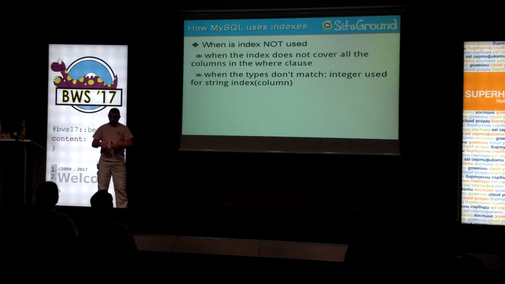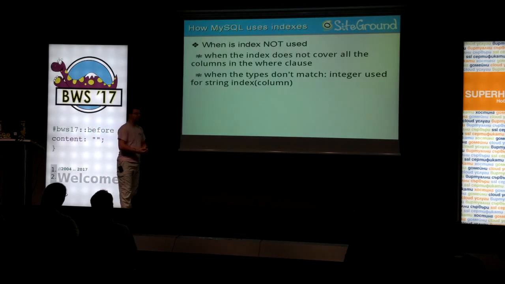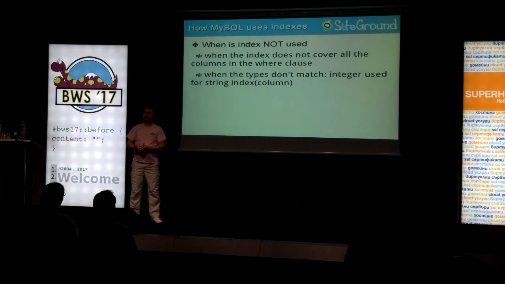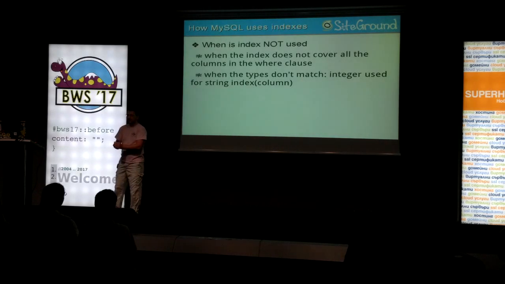Then, if you create a query that is, for example, trying to query a string over a column that is integer, you wouldn't use the index at all, simply because this is a different type and it cannot convert it from string to integer.